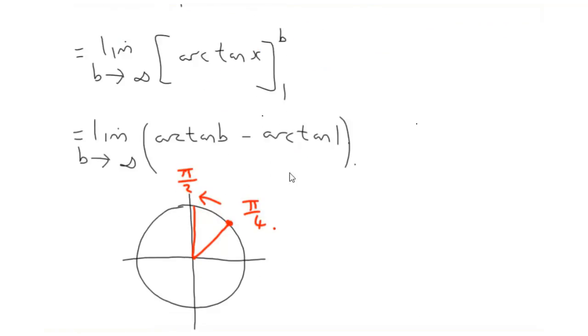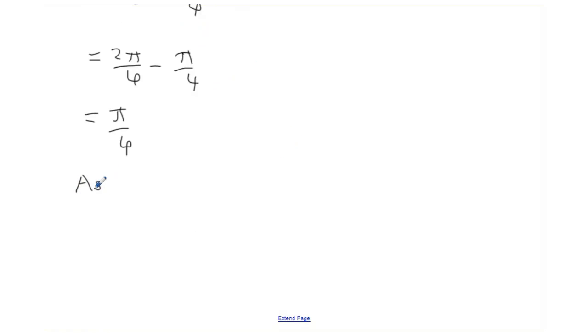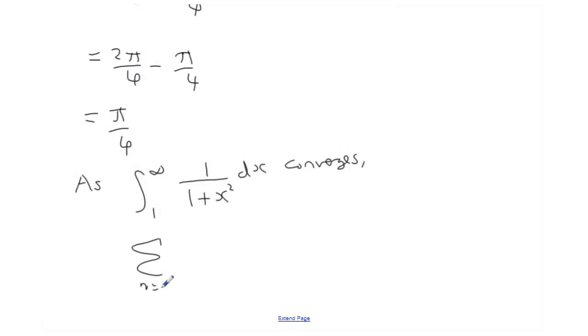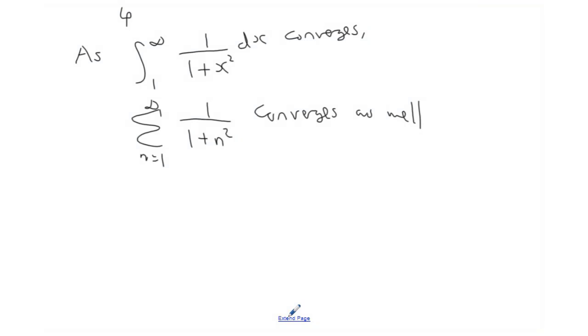So we can just write that as the improper integral between 1 and infinity of 1 over 1 plus x squared dx converges. As that converges, then the infinite series from n equals 1 to infinity of 1 over 1 plus n squared converges as well. The reason being the integral test.